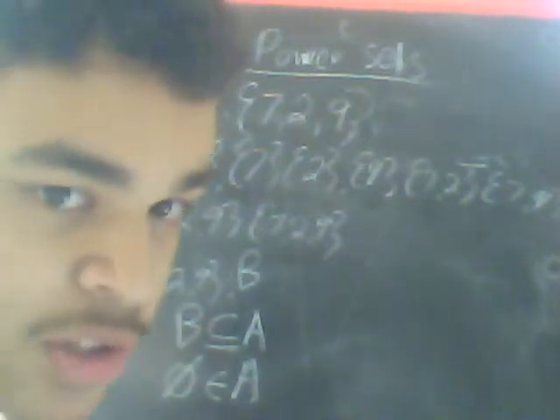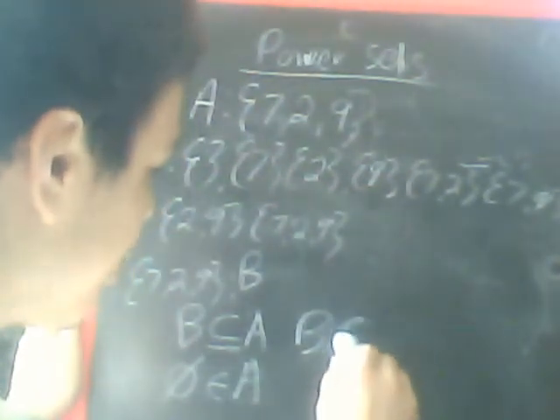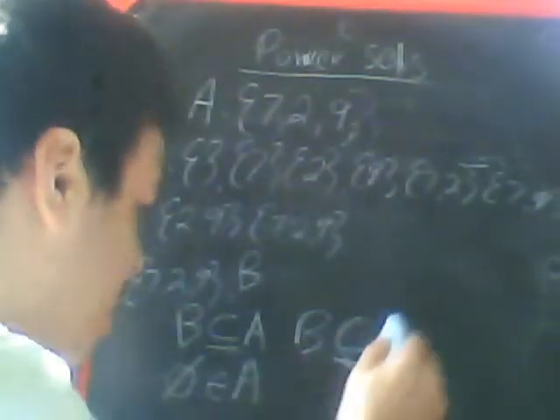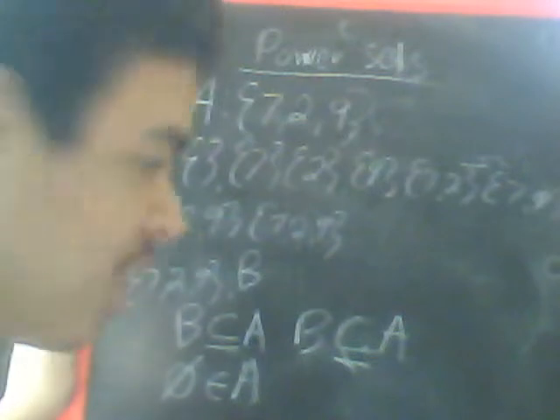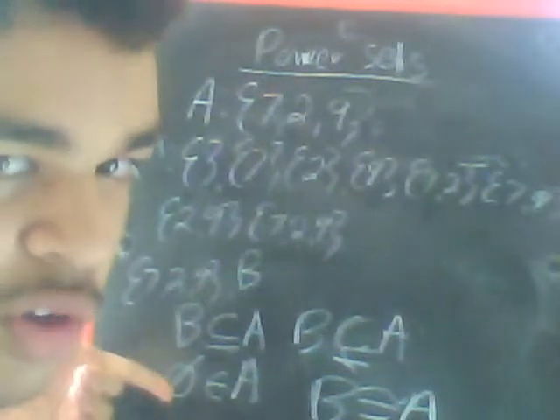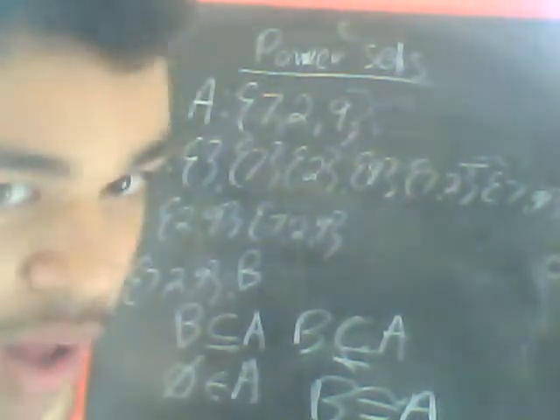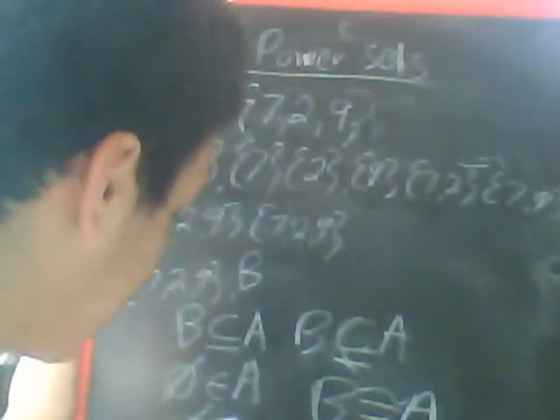If it's a strict subset, meaning that it's not equal to, then we would write it with a symbol that looks like a stretched out C with a little slash at the bottom. That would mean that it's a strict subset. Now B is also isomorphic to A, which means exactly the same thing. And then of course you have your null set, which is a member of A, which also implies that the null set is a member of B also.